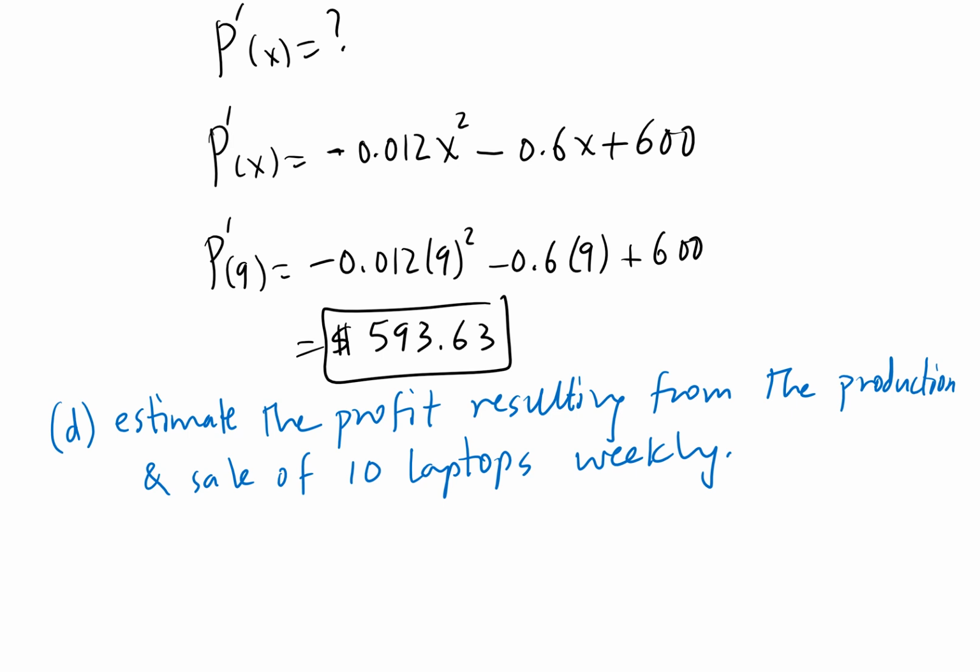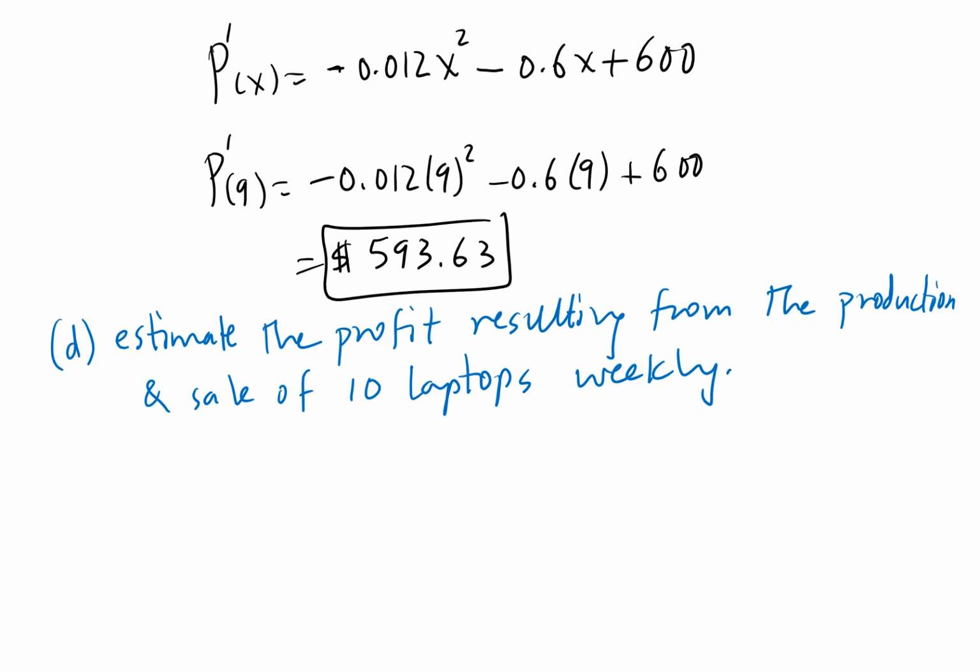So here we're dealing with estimation. Remember, we gave you a formula for estimation for each of the profit, cost, and revenue. For the profit, P prime of x is about P of x plus 1 minus P of x. That's the one we gave you.